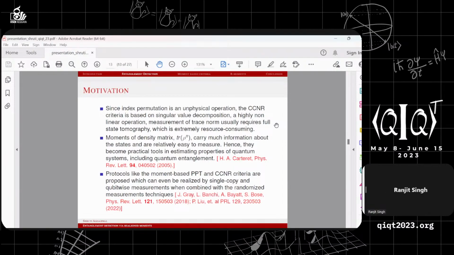If we apply the PPT criteria or the realignment criteria, they will obviously be more efficient analytically and detect more entangled states. But from an experimental point of view, moment-based criteria have been shown experimentally in some papers to be more feasible. That is why we are giving a criteria based on realignment moments, and we have not compared the efficiency with any other criteria.